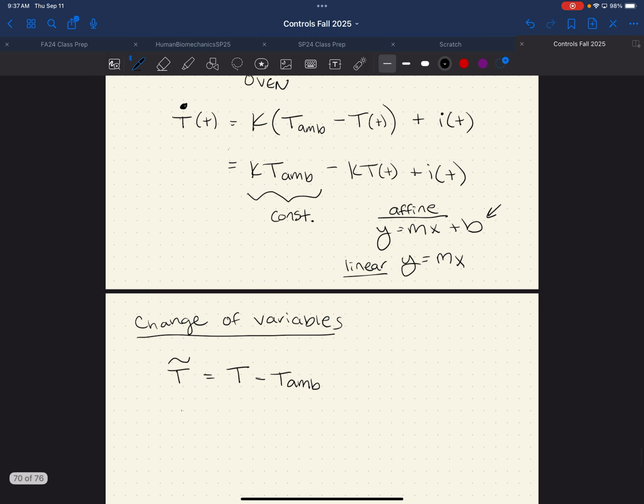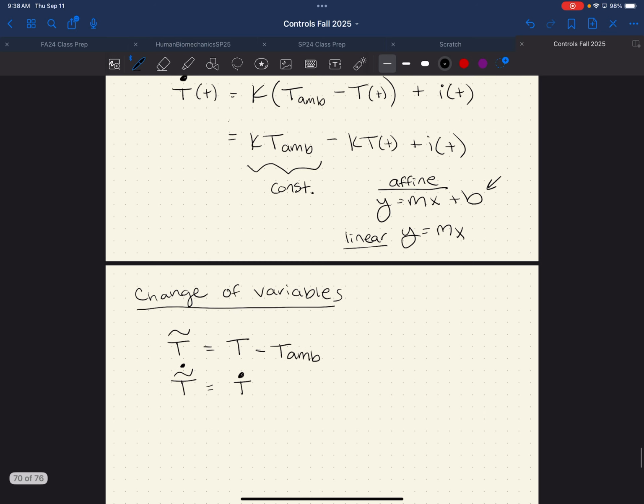If I do this, what is my T tilde dot? Yep, Martin? T dot plus, or it's just T dot? It's just T dot, yeah. Yep, because that T ambient is not changing.